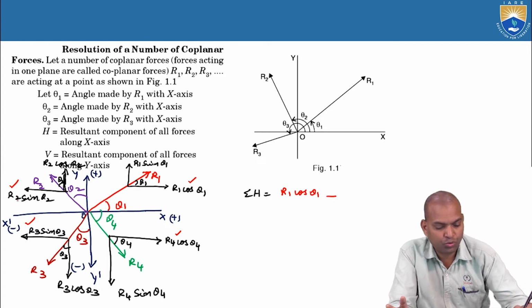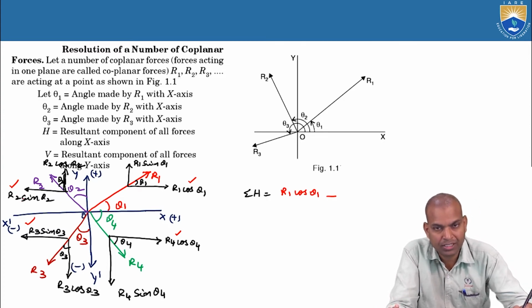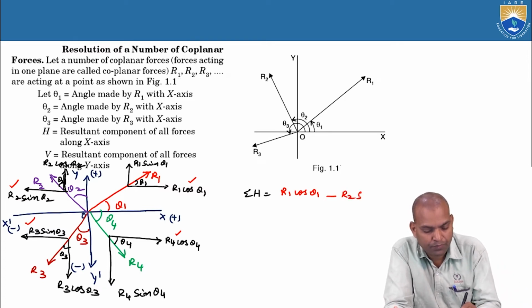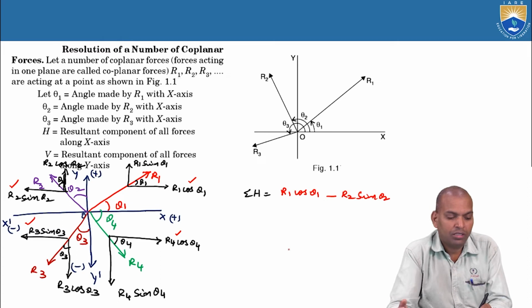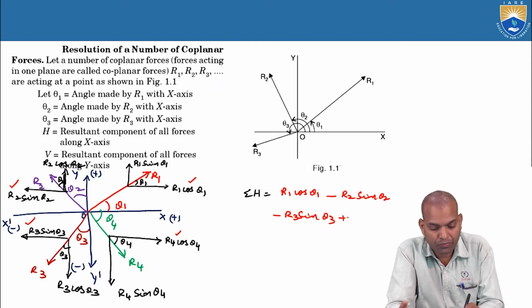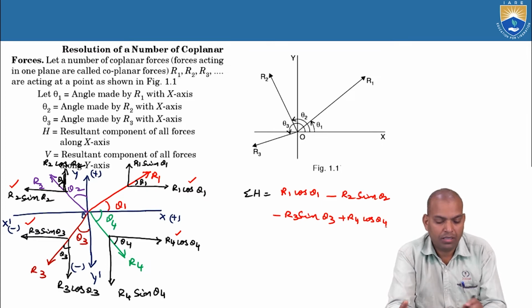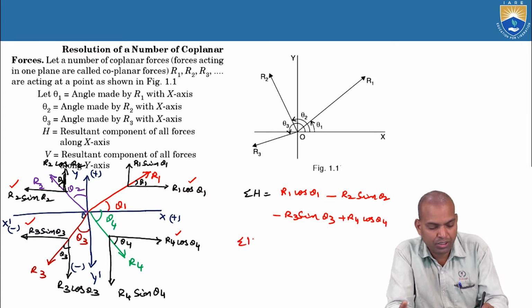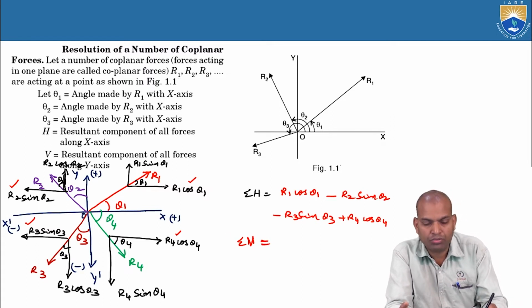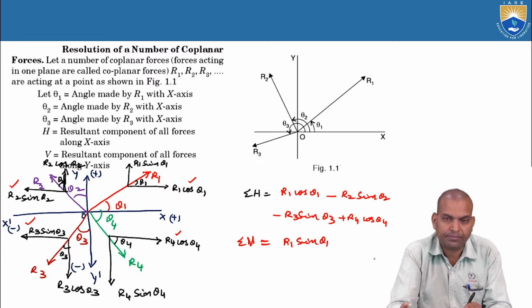Parallel to the x-axis, R2 sin theta 2. The direction of R2 sin theta 2 is the negative x-axis. So minus R2 sin theta 2. Next, what is the term 3? Negative of R3 sin theta 3. Positive R4 cos theta 4. The next term, sigma V, the algebraic sum of vertical forces. Sigma V equal to R1 sin theta 1, positive Y direction.